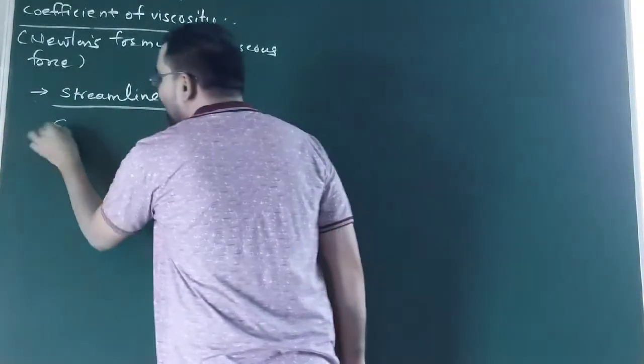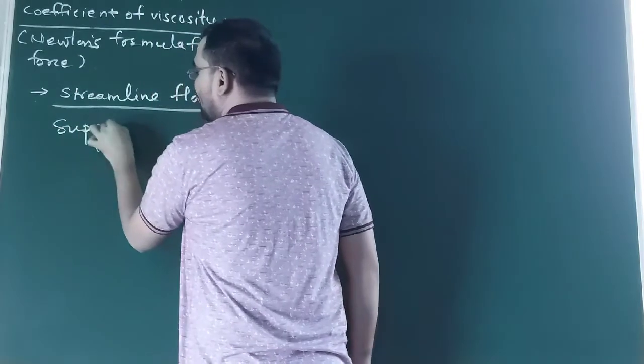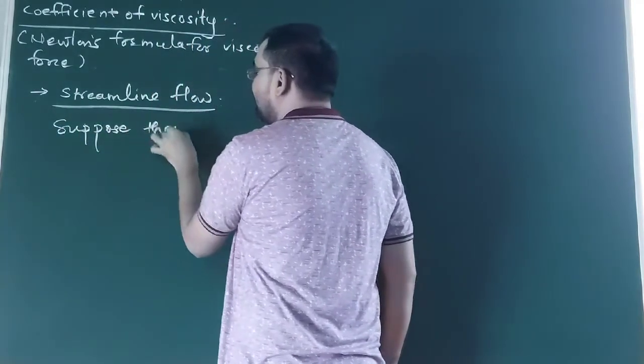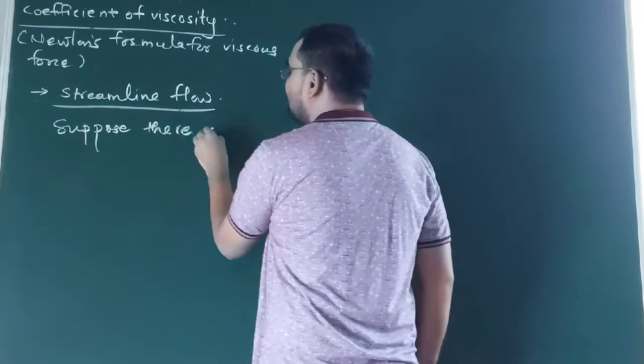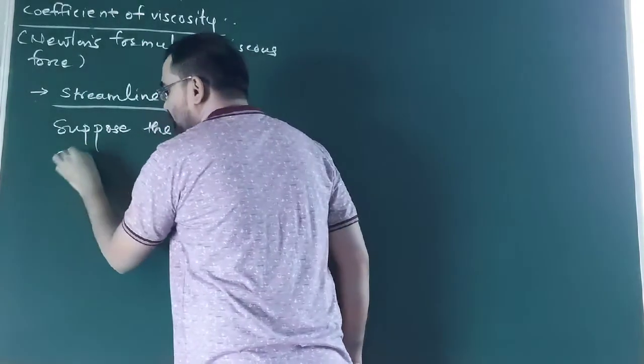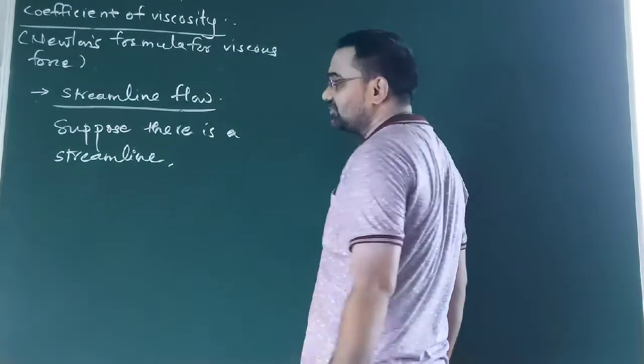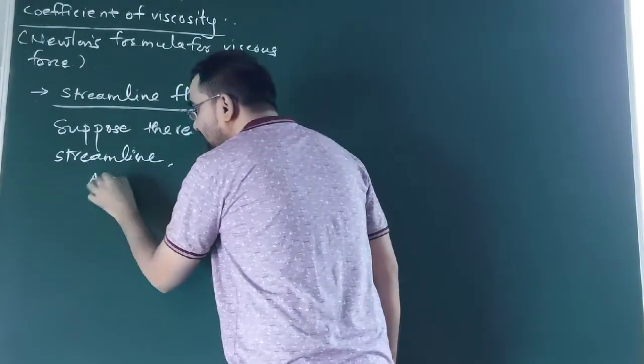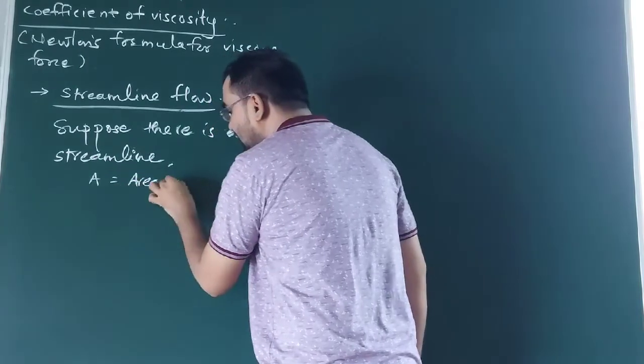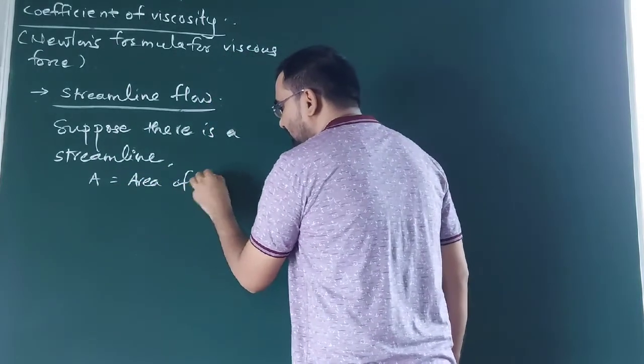Suppose there is a streamline flow, and we will consider some parameters of that streamline flow. Let A be the area of that flow.